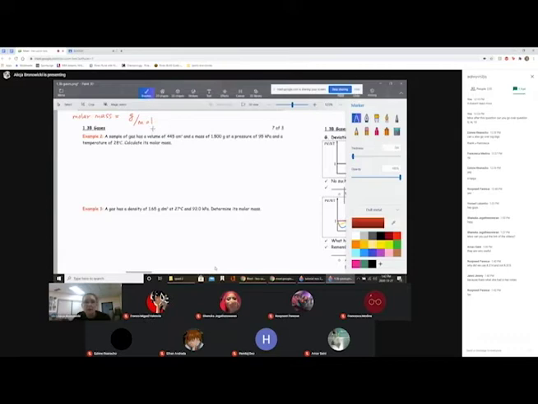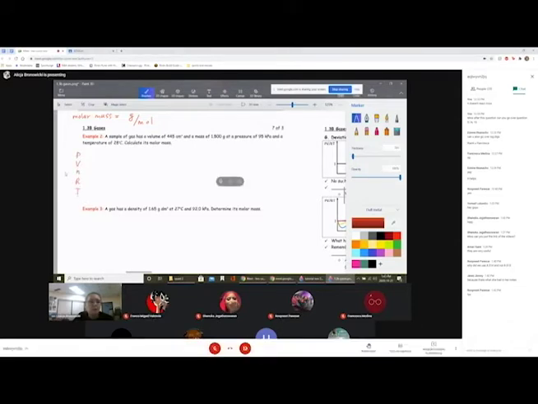My question is telling me a volume, a pressure, and a temperature, so those are all the things that are together in PV equals nRT. So that's the formula I'm going to use. I'm going to find my number of moles, and then I'm just going to do grams divided by that number of moles. So PV equals nRT.